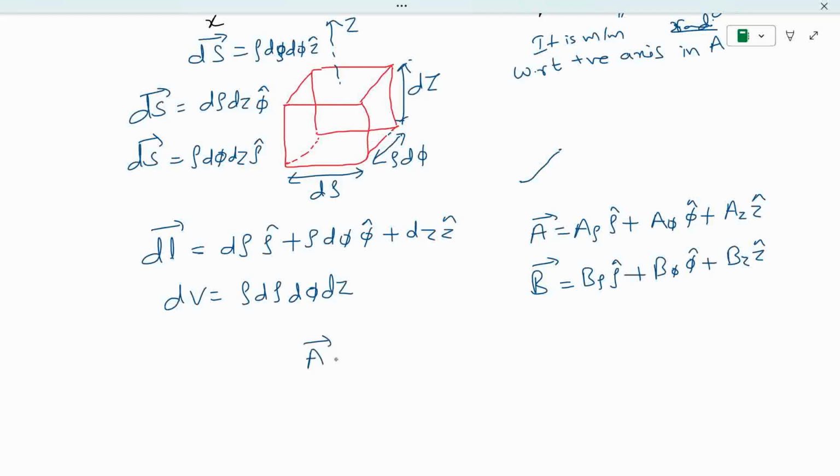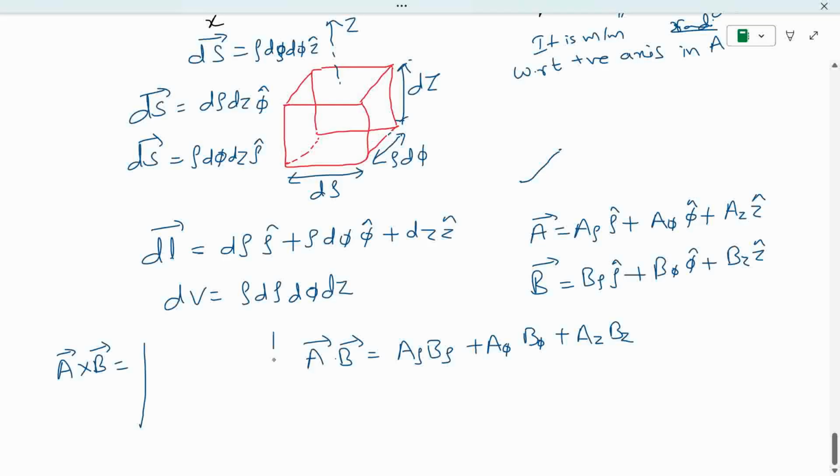The same goes for the cross product; there will not be any change in the cross product as well.